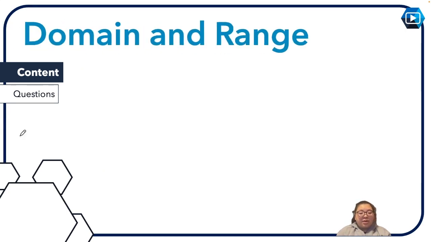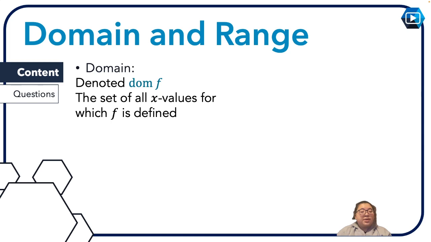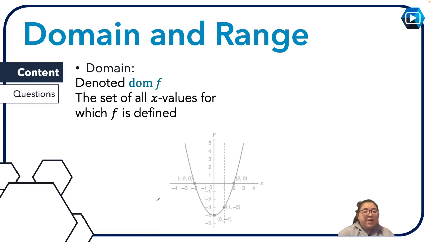Alright, so let's talk a little bit about domain and range and how that works now, and why it's important. So domain is essentially going to be related to having a set of x values for which f is defined. So it is the set of independent values for which your function is defined.